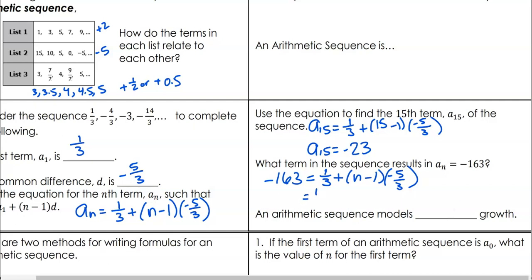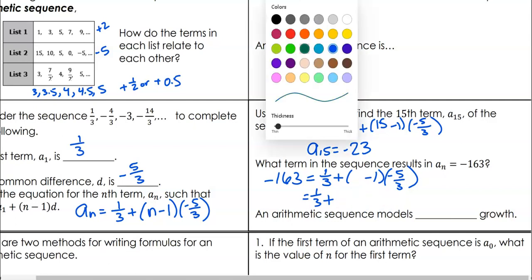So this is going to be 1/3 plus, what is that, -5/3 plus 5/3. There should be an n. Okay, I lost you. Let's go back. I don't want to lose you.